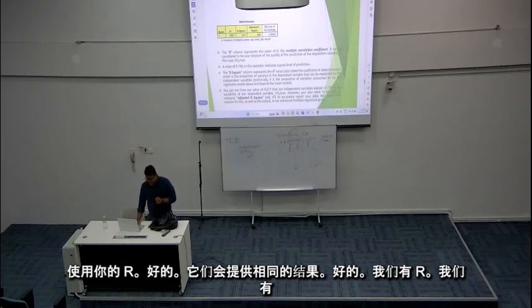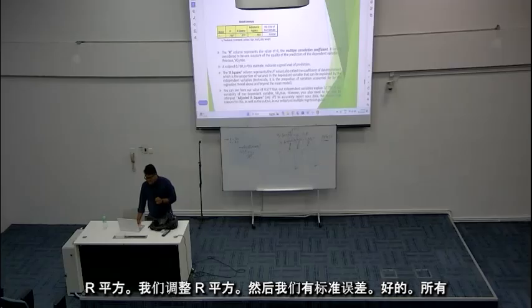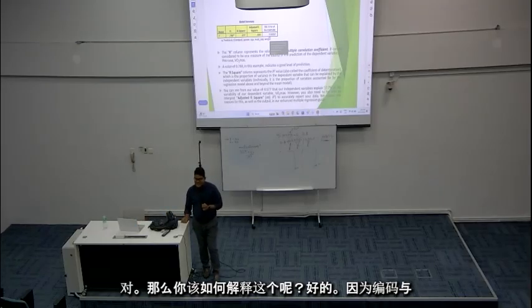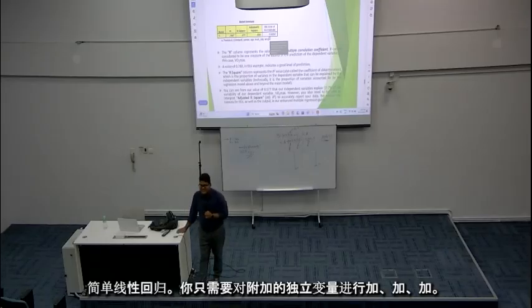We have R, R square, adjusted R square, and the standard error. How are you going to interpret this? The coding is similar to simple linear regression, only you add the additional independent variables.